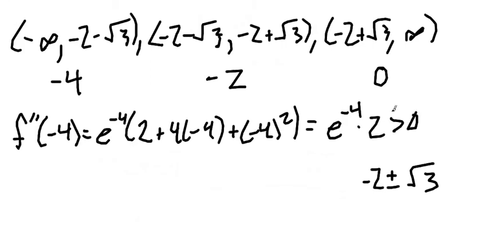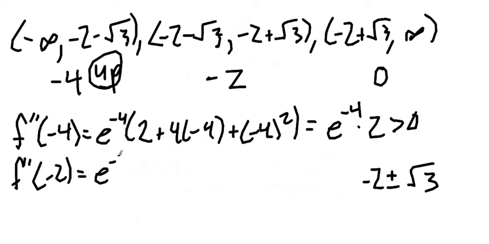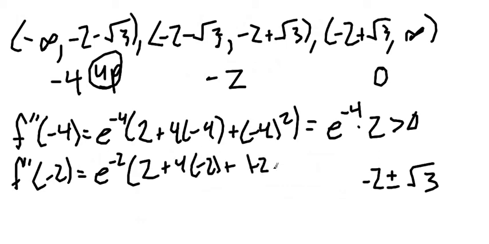That's positive. That means we're concave up on this interval. When I plug negative 2 into this, I get e to the minus 2 times 2 plus 4 times negative 2 plus negative 2 squared.